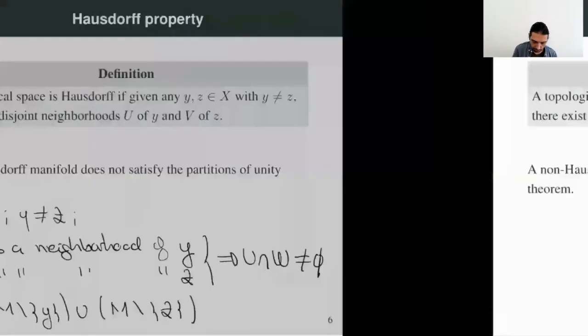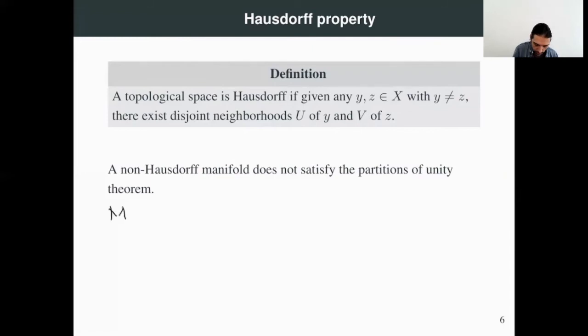Okay, so here we are. And now let's assume that the theorem of partitions of unity is satisfied. Let's try to obtain a contradiction.